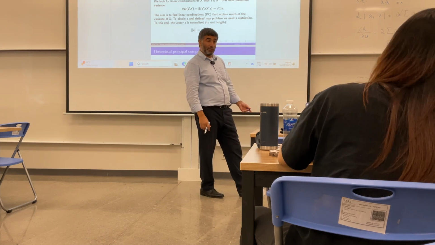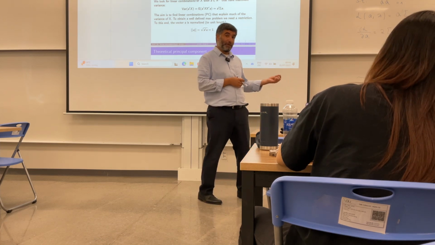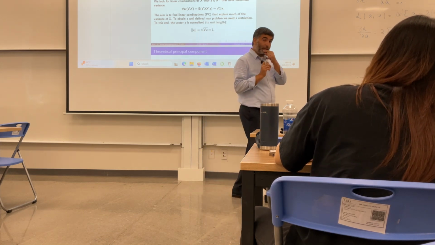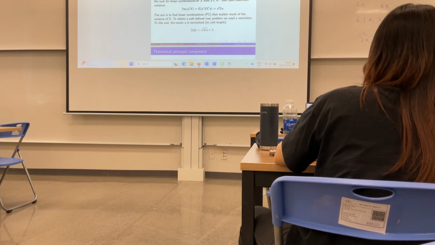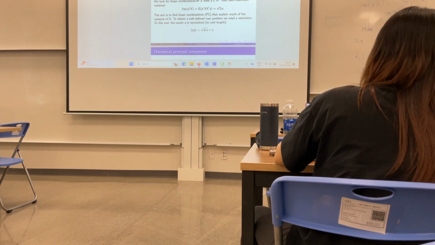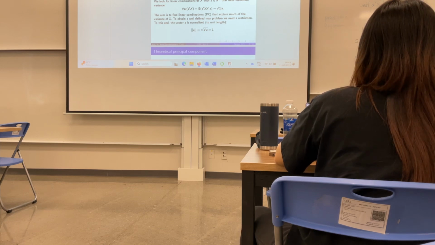So we can solve this equation. That's not a big deal. We can do it with Python, we can do it by hand once we have the sigma. But the point here is that A1, which is supposed to maximize this, is the eigenvector of sigma. So that is the principal component.